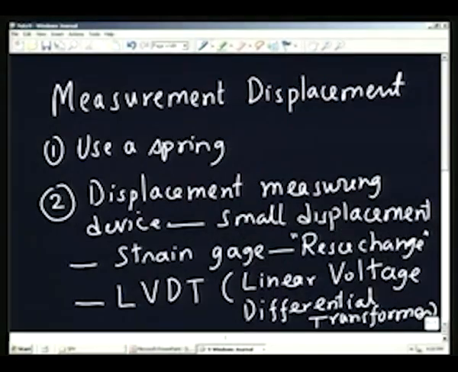A strain gauge can also be used for measuring very small displacement. Strain gauges are also called load cells. They are used for measuring stress in terms of strain: the stress gives rise to strain, the strain gives rise to a change in the resistance, and the change in resistance gives rise to some change in voltage.